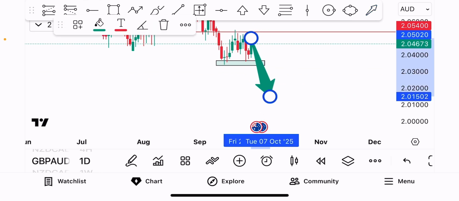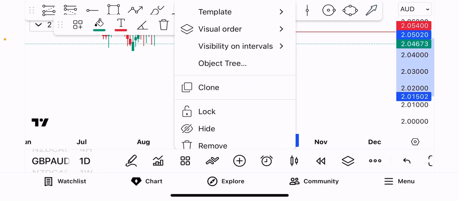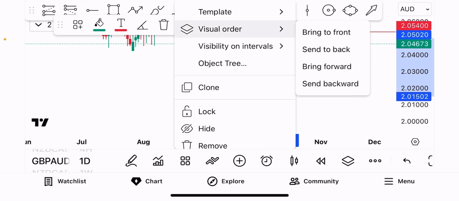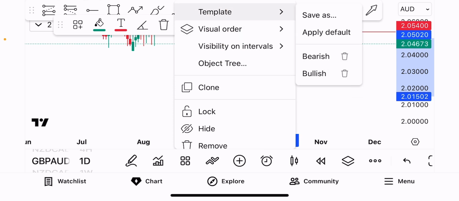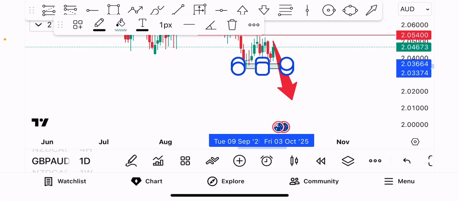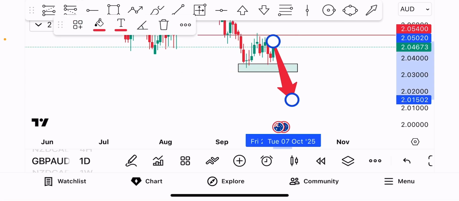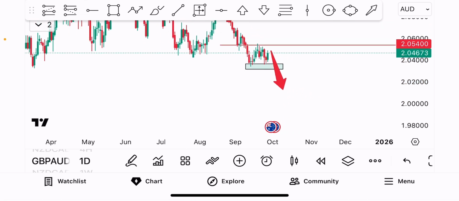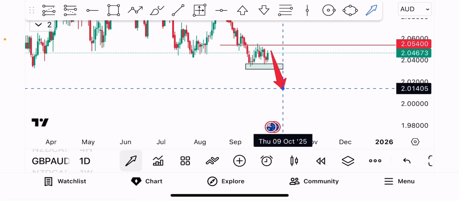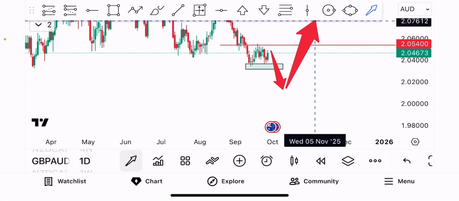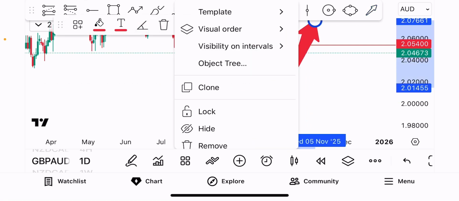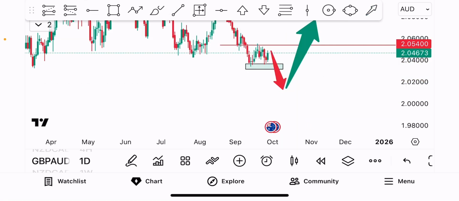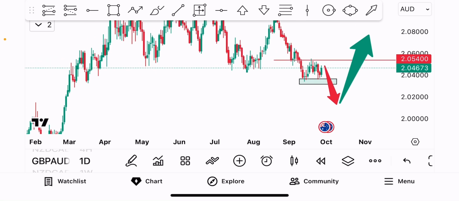So I anticipate price to drop lower. This is bearish. I still anticipate that price would fall lower to grab more liquidity and more sell orders before long-term buys can then continue. Something of that nature. So that's the analysis and how I make my trading decisions.